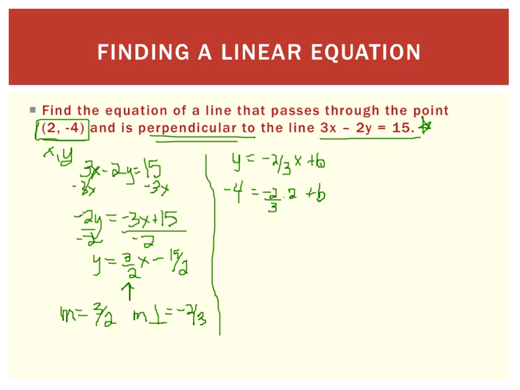And I can solve for b now, which I'm dealing in fractions, but I know how to do that. -4 equals -4/3 plus b. So I'm going to want everything in thirds, so I'm going to change -4 to -12/3 equals -4/3 plus b.